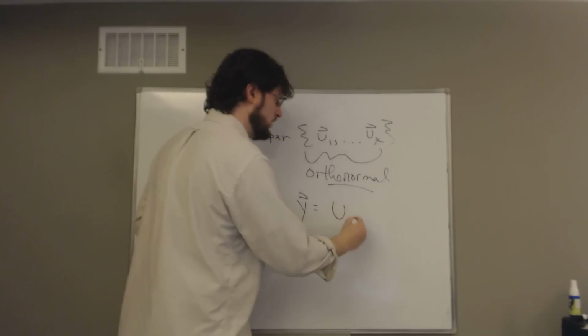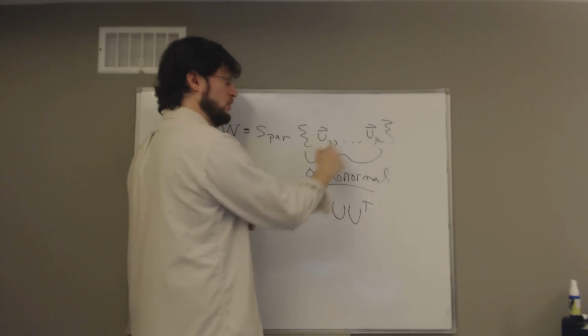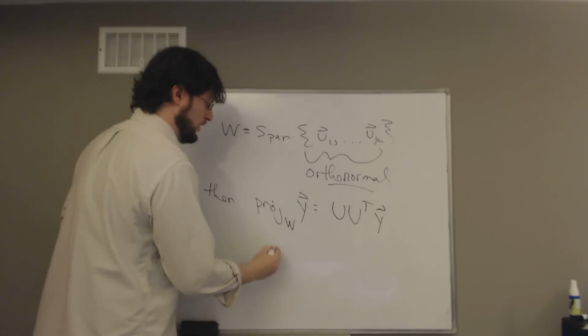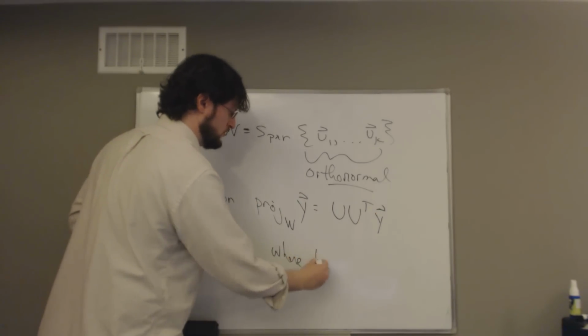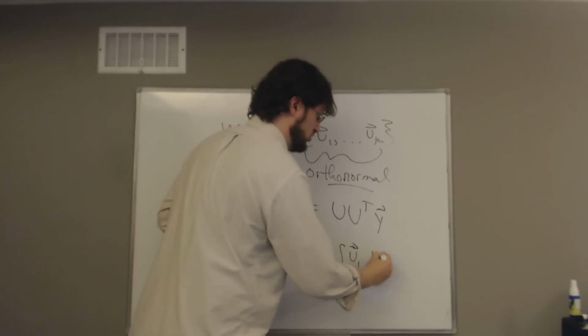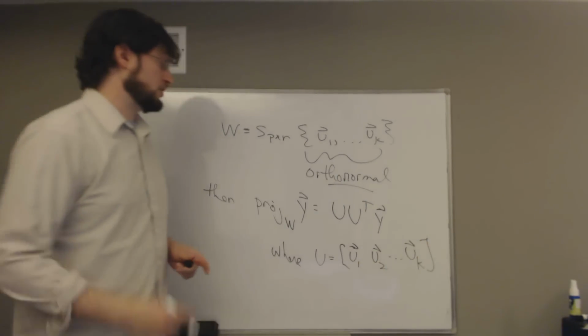It's U times U transpose times the vector y, where U is the matrix with columns U1, U2, all the way to UK.